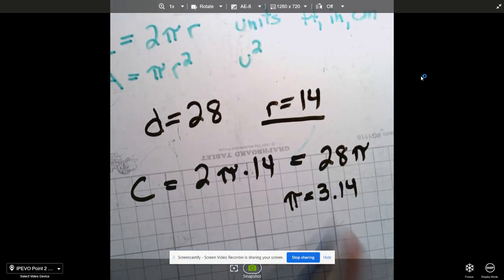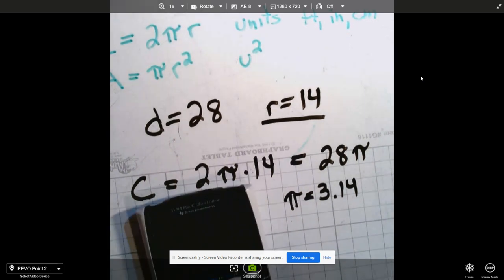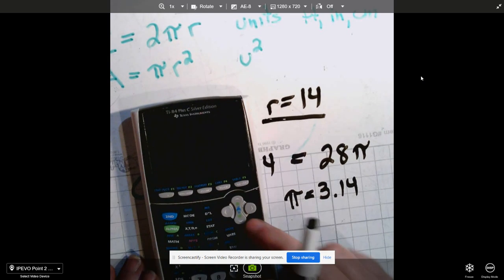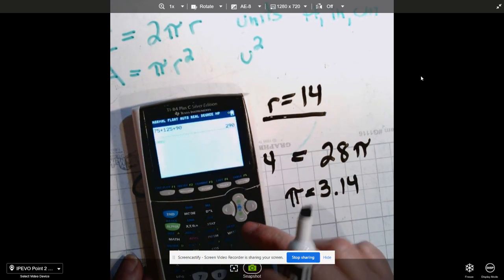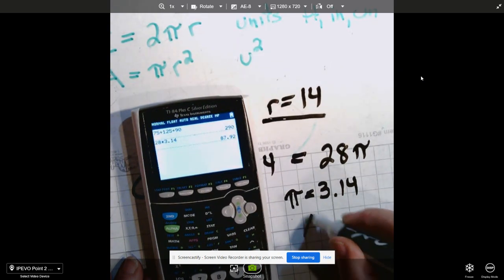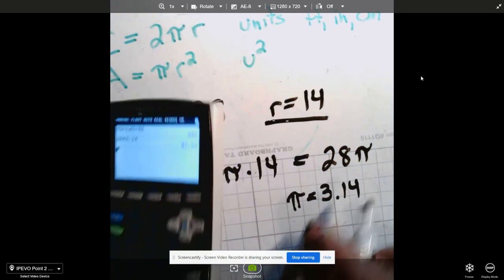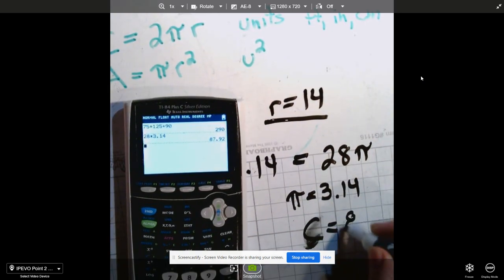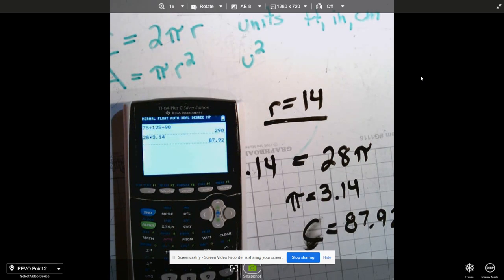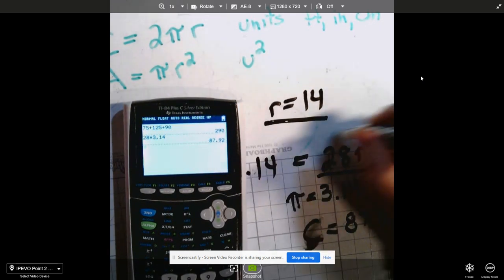But if it says round to some decimal, then you'll just take your calculator and you'll say 28 times 3.14, and then you would get that the circumference is 87.92.